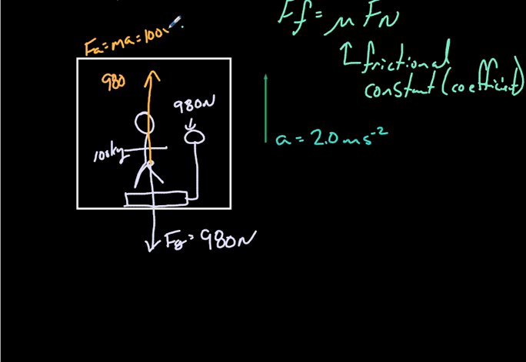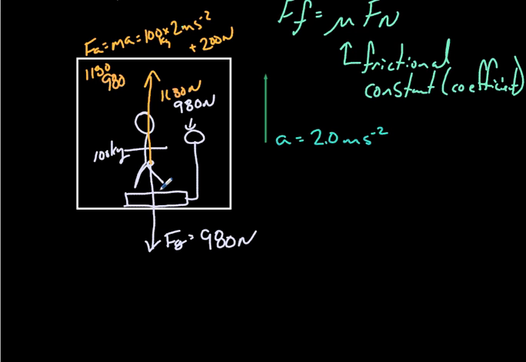So 100 kgs times 2 meters per second squared, we've got to add another 200 newtons to this. So all of a sudden this is going to read 1180 newtons while you're accelerating upward. You have gotten heavier. Your mass has not changed, but your weight has increased, right?